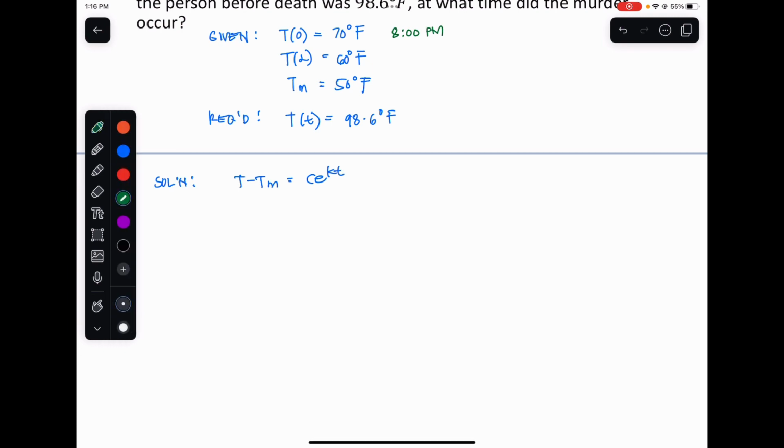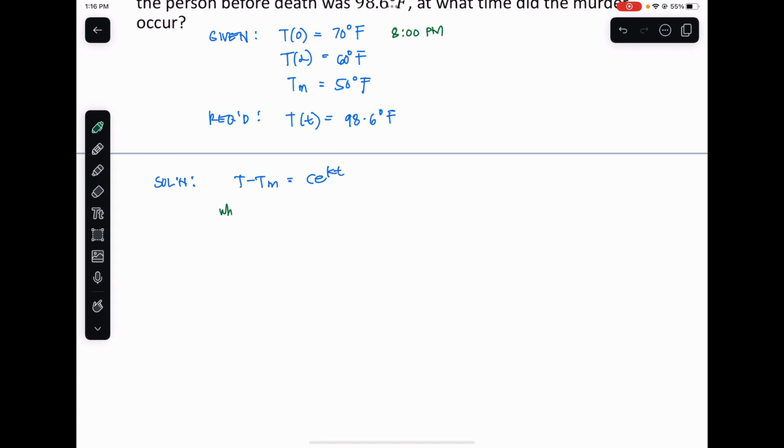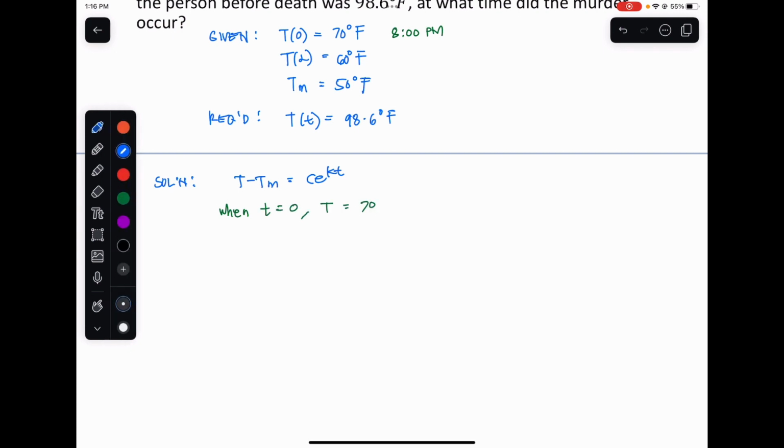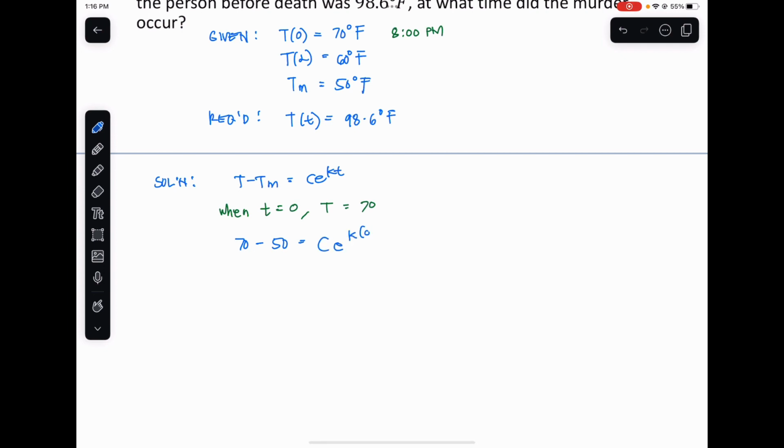Initially, when time is 0, the temperature is 70. So we substitute: 70 minus our Tm of 50 is equal to C e^(K times 0).